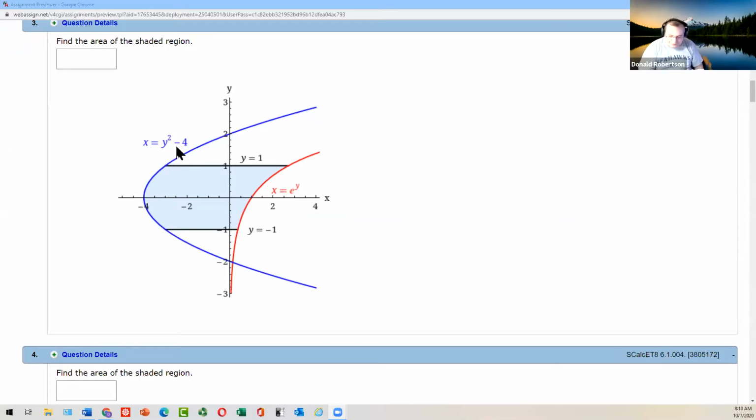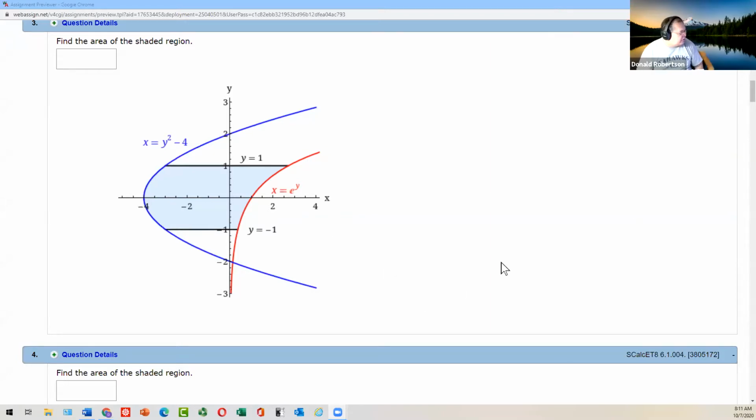So off screen, I'm going to set up the formula for calculating the area of this function. Now, it's going to go from -1 to +1, so I've just written down the integral from -1 to +1. Which one do I write down first?